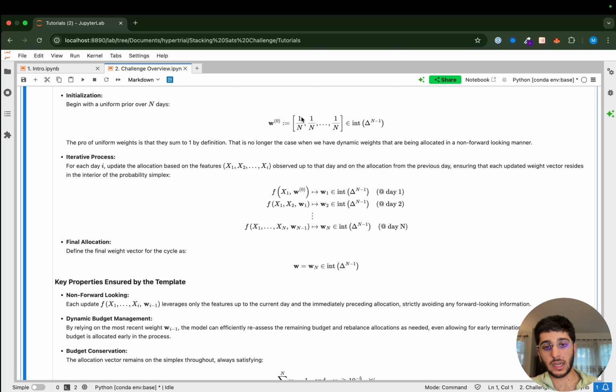So that means if we observed a feature that told us that we should buy more because we observed a signal that tells us to buy more based on our model, then you have to do some sort of rebalancing, where perhaps I can boost the first uniform weight and add some excess amount to it or scale it up.